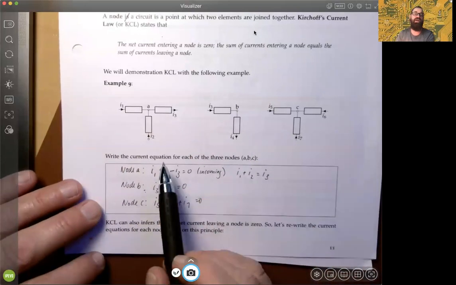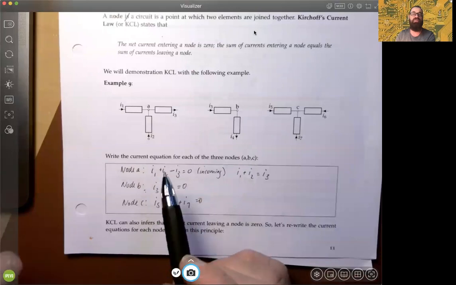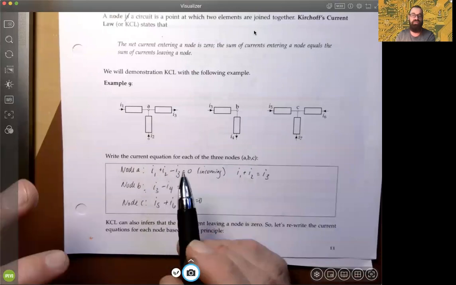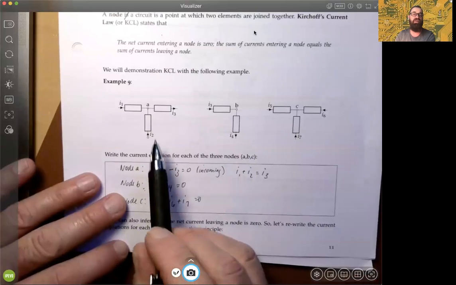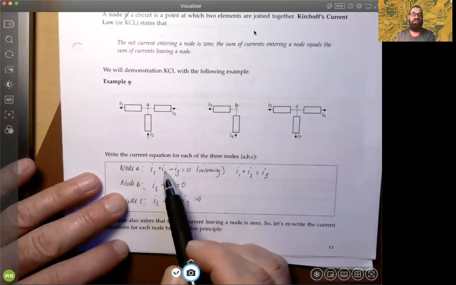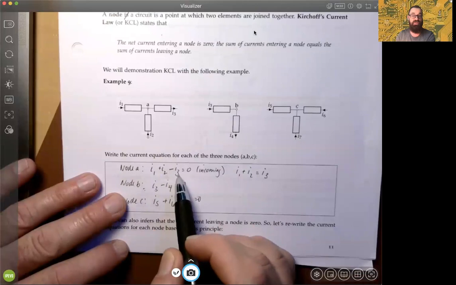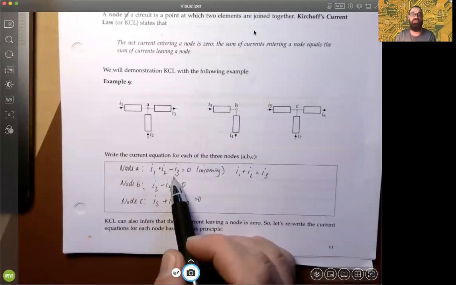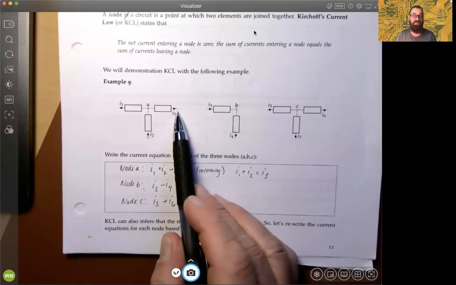If we write KCL strictly as the sum of all the incoming currents equal to zero, that's what this equation represents. I1 is an incoming current, I2 is an incoming current. I3 is not, so we indicate that with a minus sign. Minus I3 represents an incoming current when the reference direction is opposite to incoming.